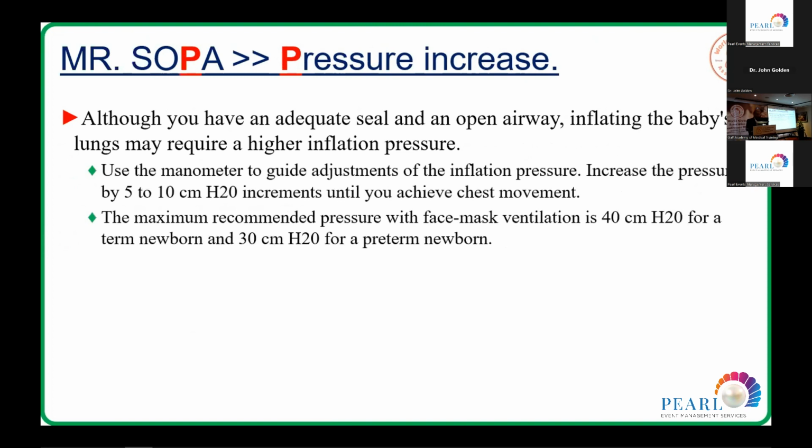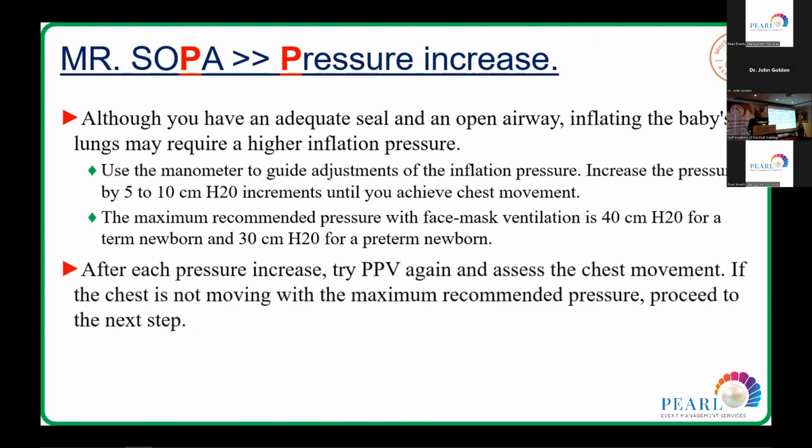The maximum recommended pressure with face mask ventilation is 40 cm H2O for the term newborn and 30 cm H2O for the preterm newborn. After each pressure increase, try PPV again and assess the chest movement. If the chest is not moving with the maximum recommended pressure, proceed to the next step.